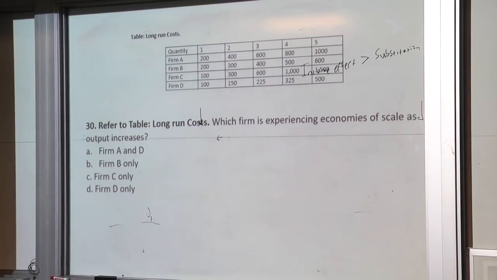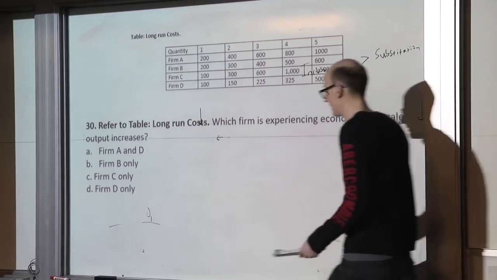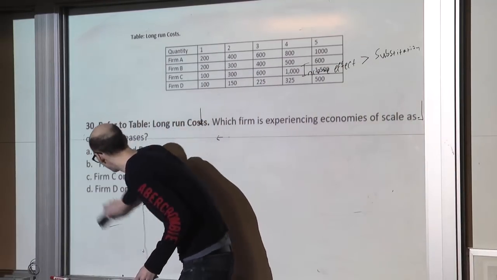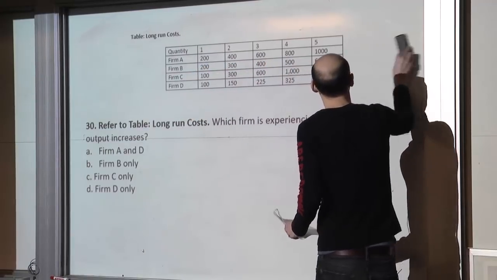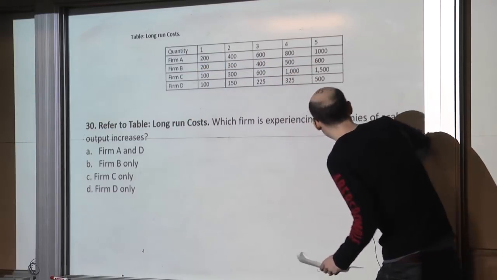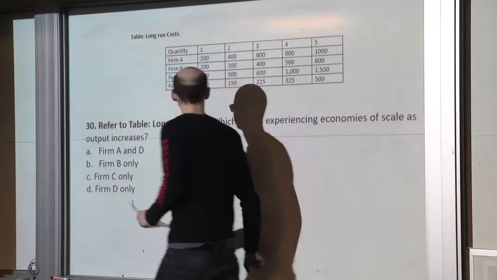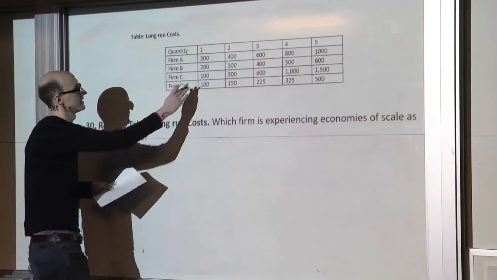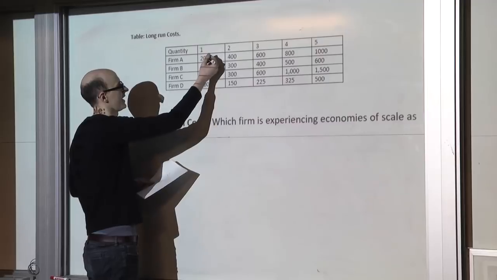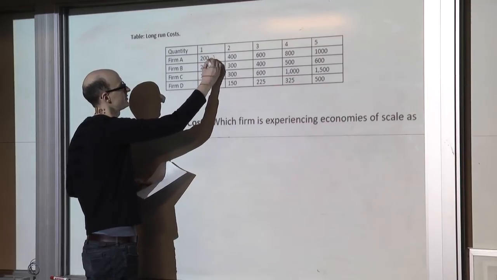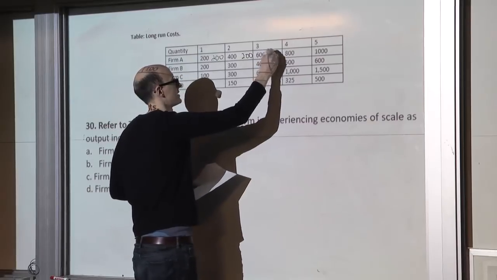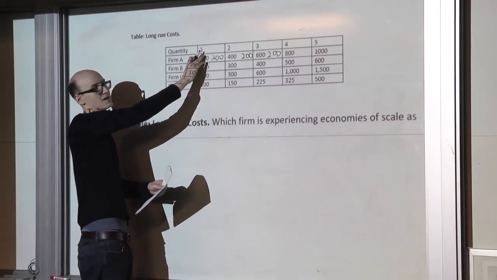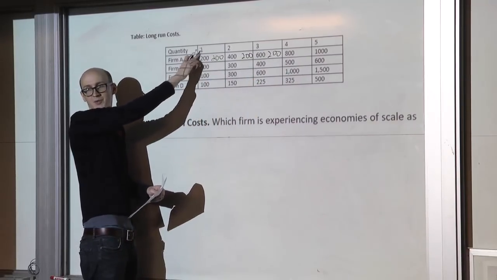Which firm is experiencing economies of scale? What does economies of scale mean? It means that as I increase production, the average total cost decreases. So in this case, the average total cost here is 200, 200, 200, because I'm getting that from dividing the total cost by the quantity they're producing.